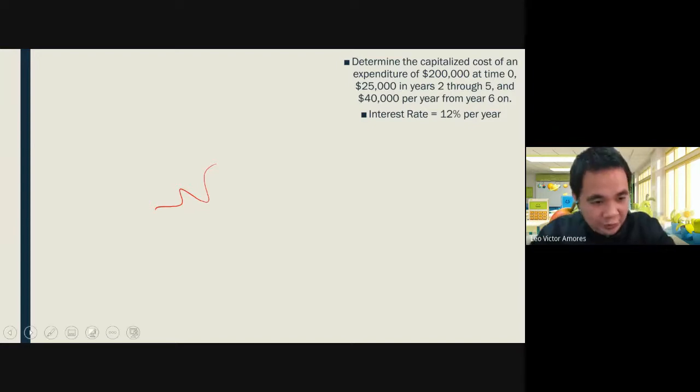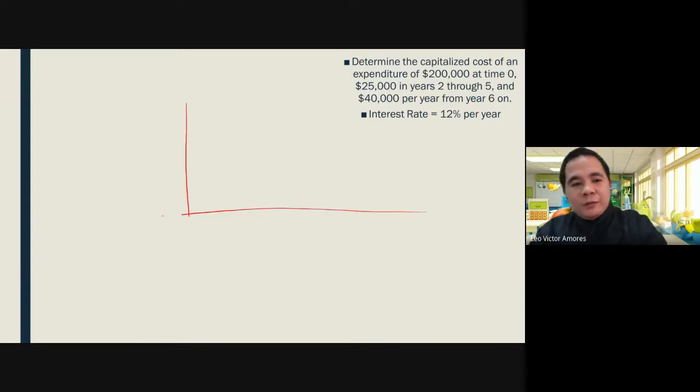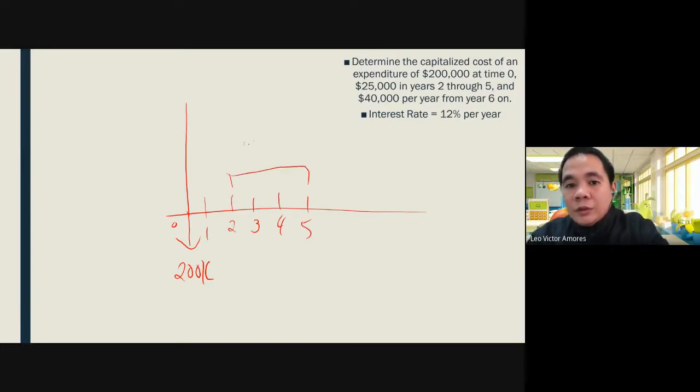So, let us make the cash flow. You have 200K at year 0. Then 1, 2, 3, 4, 5. At years 2 to 5, 25,000.